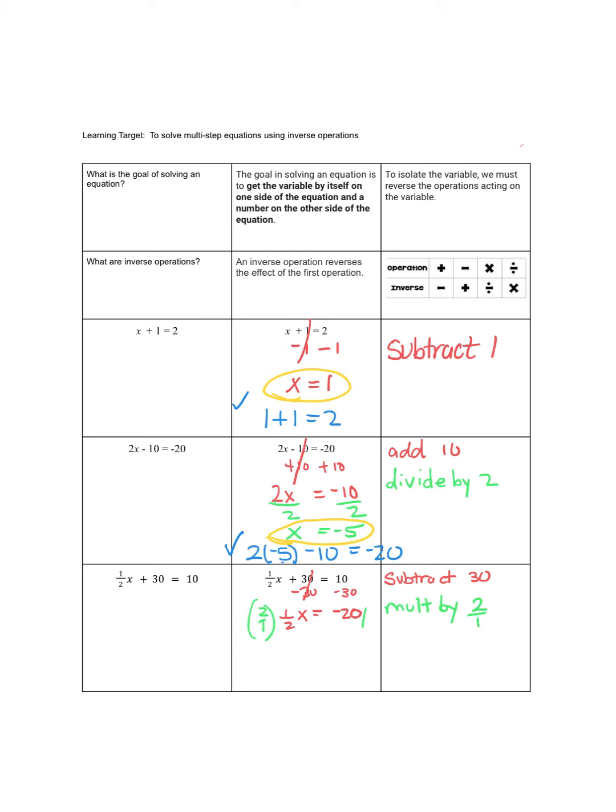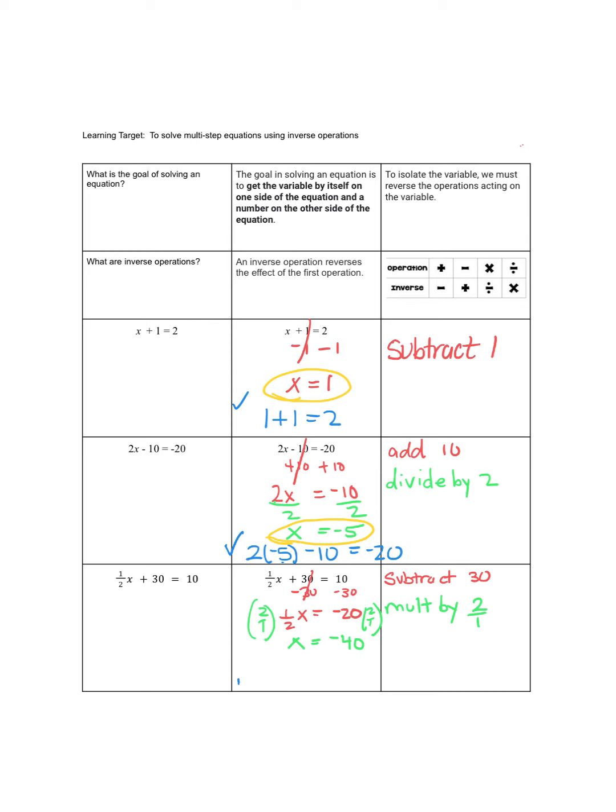When I multiply by the reciprocal, 2 over 1 times 1/2 leaves me with 1x, which is what I want, that variable isolated. And negative 20 times 2 gives me negative 40.